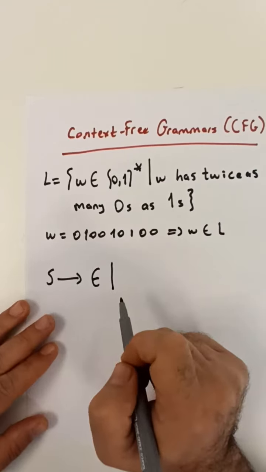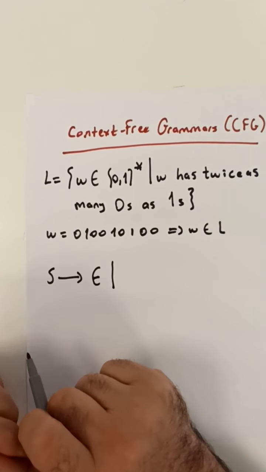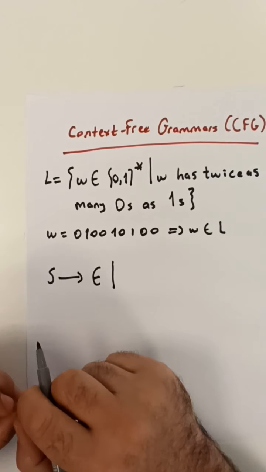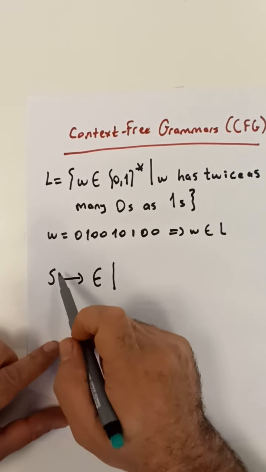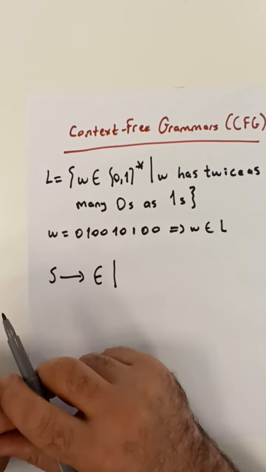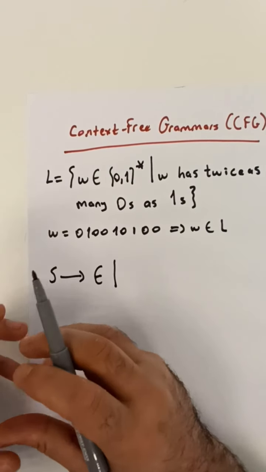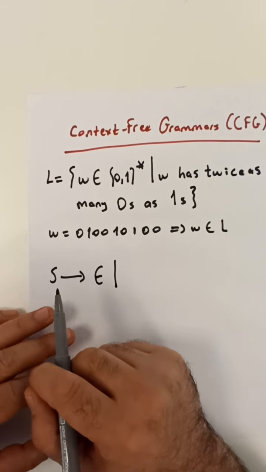Now for the rest, we need to think of applying the inductive component to be able to generate such strings in L. For this part, assuming that with this variable S we are able to generate shorter strings that belong to this language L, how can we extend them? How can we generate longer strings?